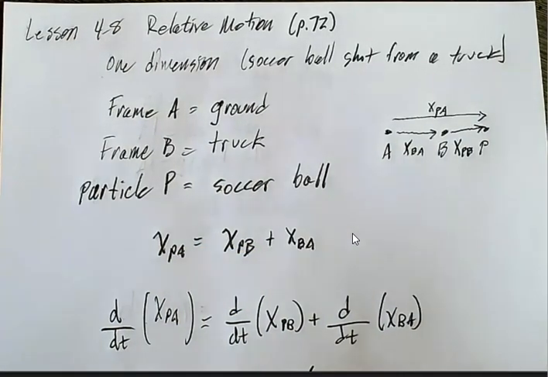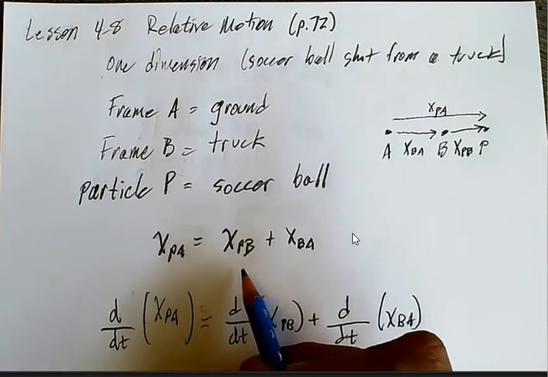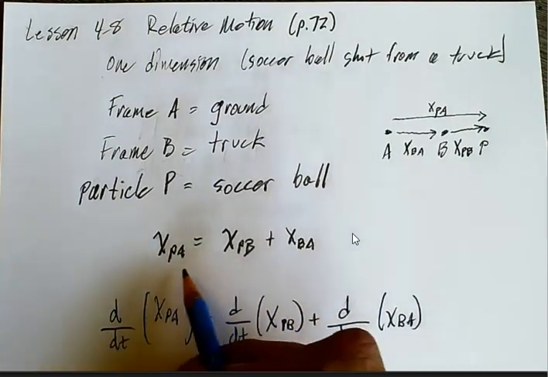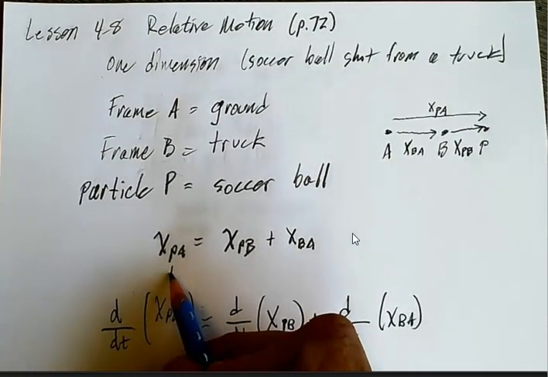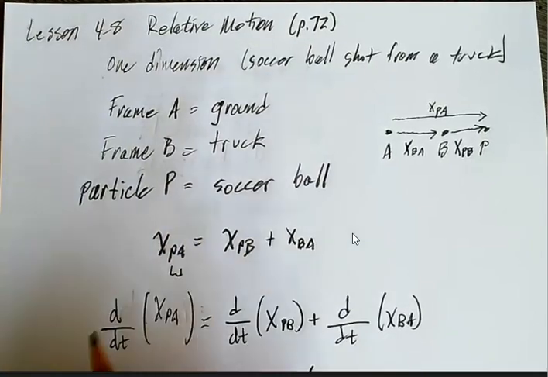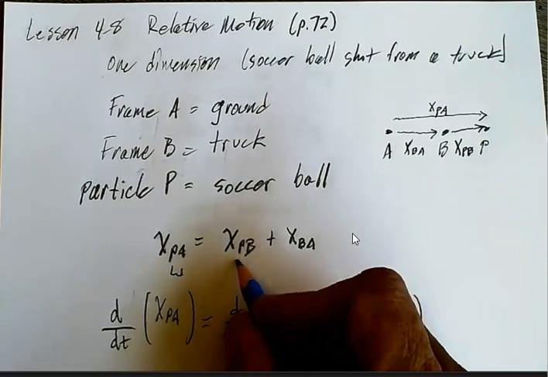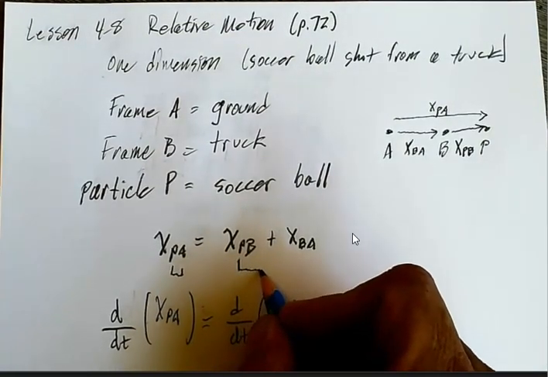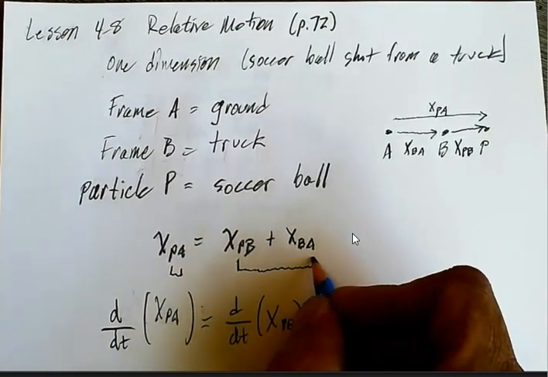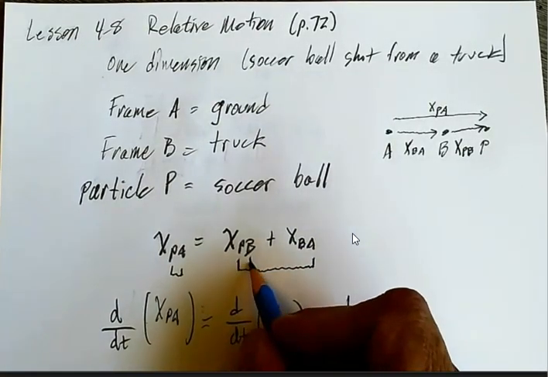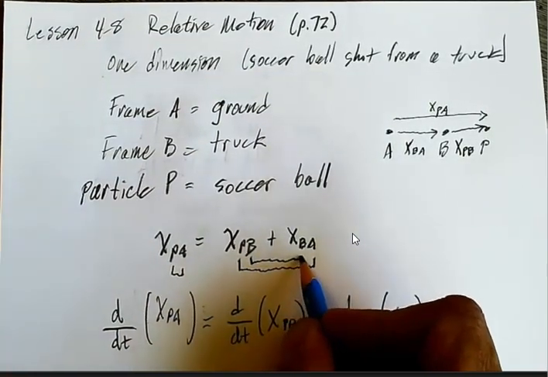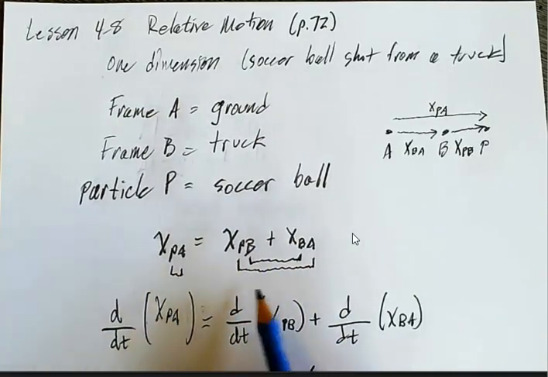Now let me show you something. There's a little trick you can do just to know you've got it set up right. You see here the subscripts on x are PA. So if you make sure the first subscript of the first term is P and the last subscript of the second term is A, and the internal subscripts are the same, then you know this is set up correctly.